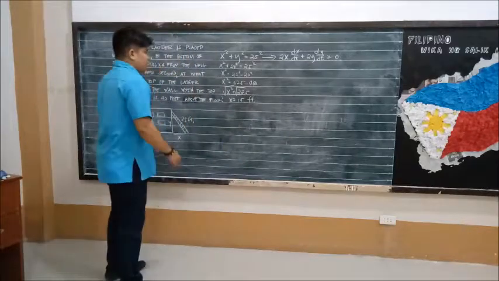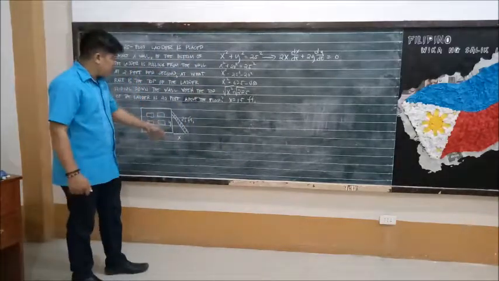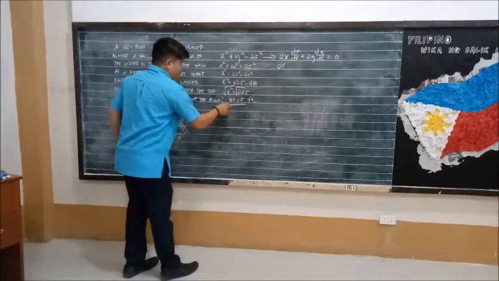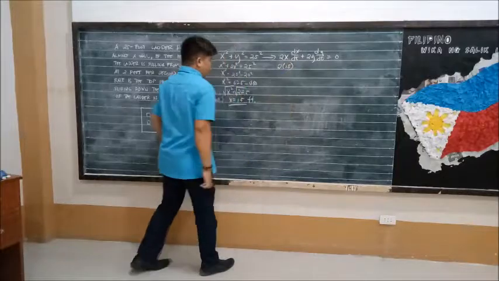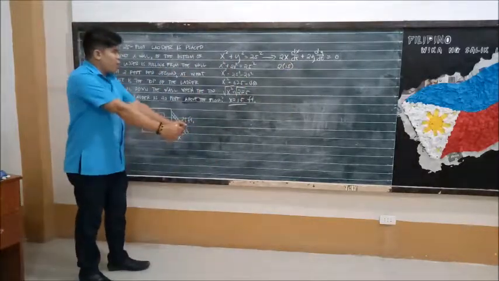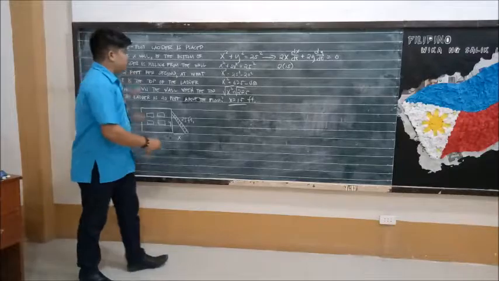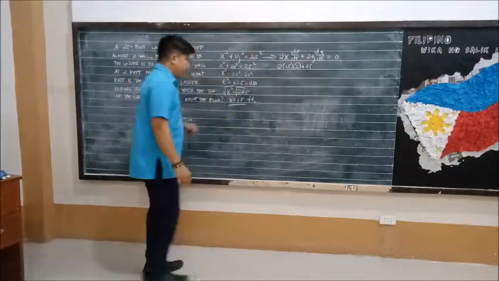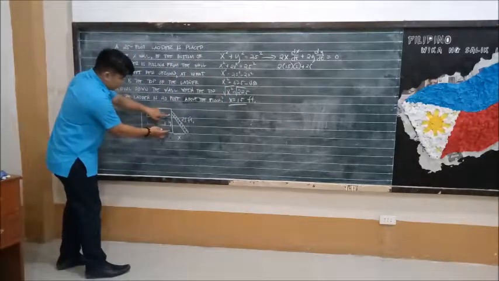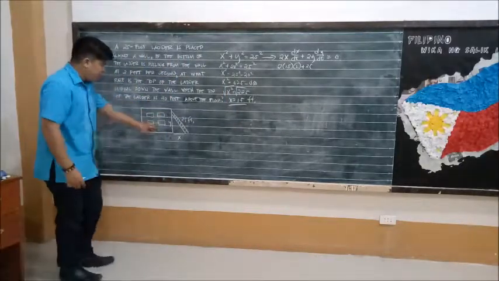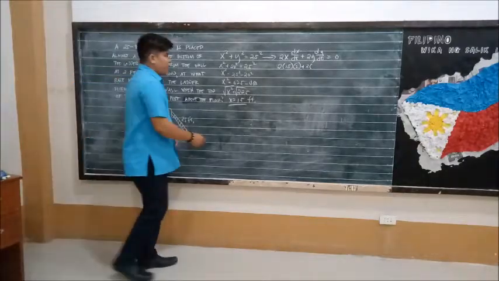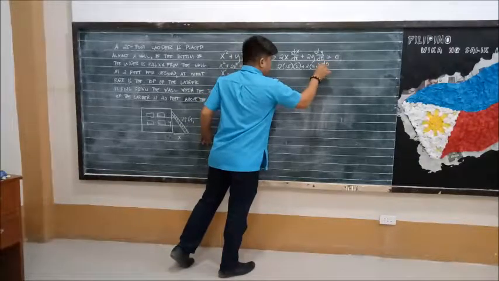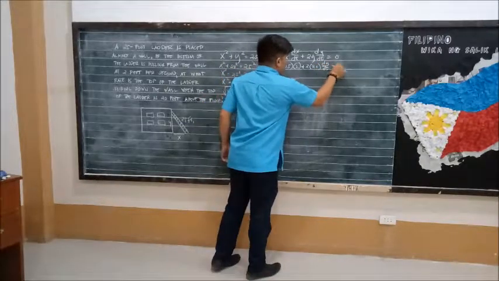Now we substitute. The value of x is 15, and the rate of pulling the ladder from the wall is 2 feet per second. So 2 times 15 times 2, plus 2 times the value of y, the height of the ladder from the ground, which is 20. Then dy over dt, we don't know the rate.